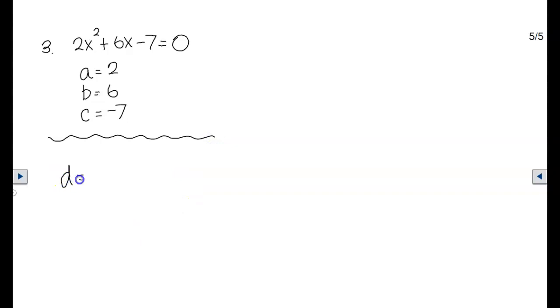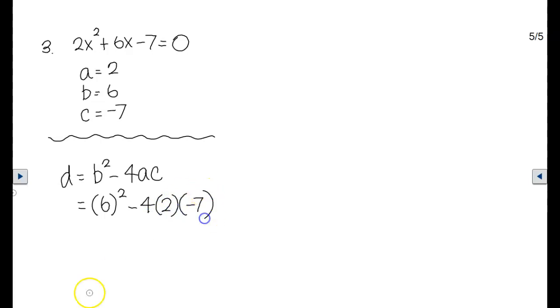So next up, I'm going to calculate my discriminant. All right, for b squared, looks like I'm going to have 6 squared minus 4ac is going to be negative 4 times 2 times negative 7. All right, exponent first. 6 squared is 36. And now I'll do my multiplying.